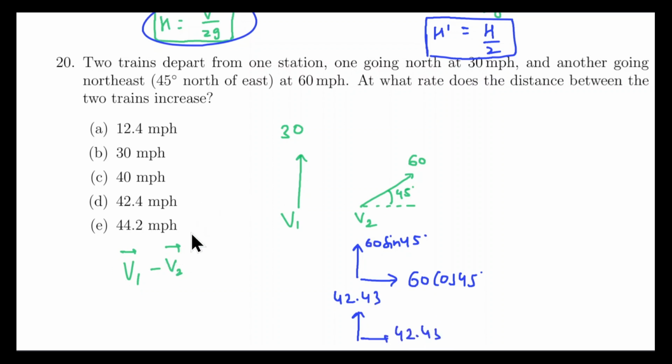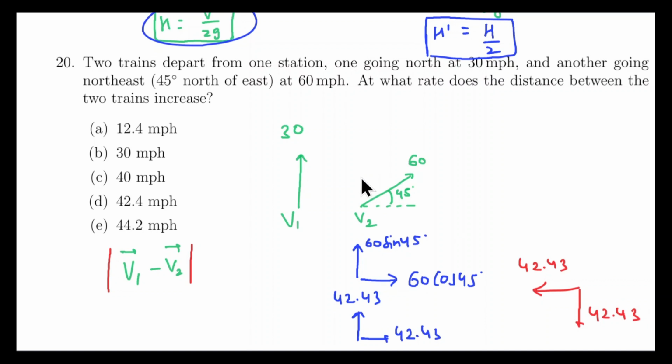Now, whenever we subtract velocity, we change the direction of whichever vector we are subtracting, and then we are supposed to take the absolute value. So if we change the direction, this will become left 42.43 and down 42.43.